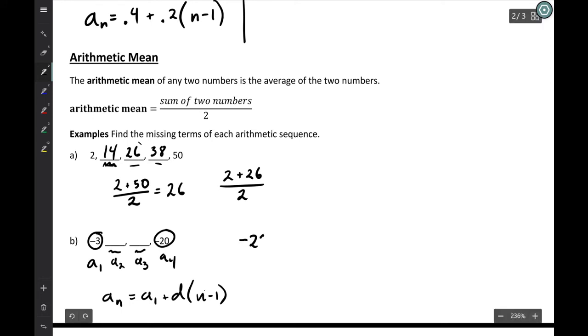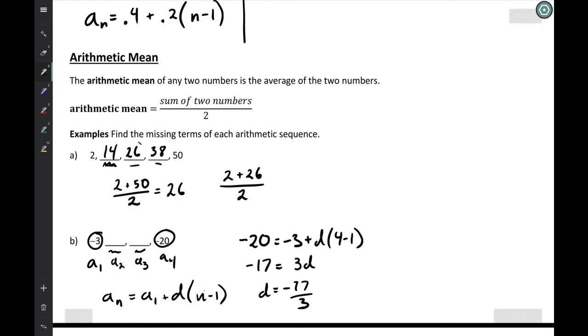So plugged all in, I get negative 20 is equal to negative 3 plus d times 4 minus 1. Put it all together, I get negative 17 is equal to 3d, or d is equal to negative 17 over 3. Alright, so that's my common difference.